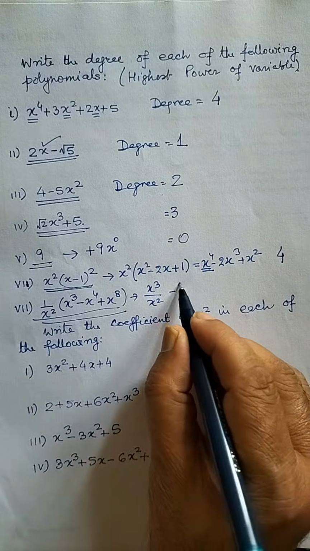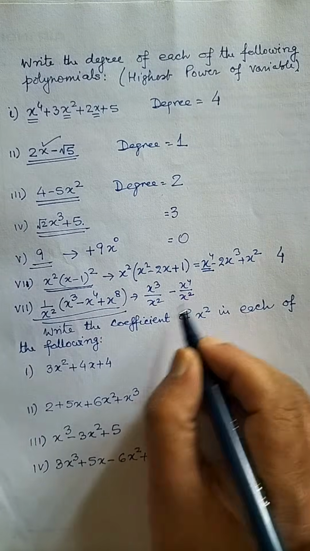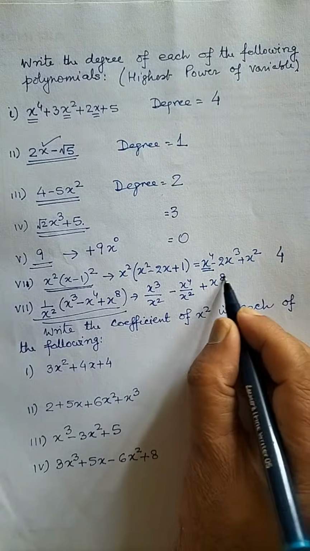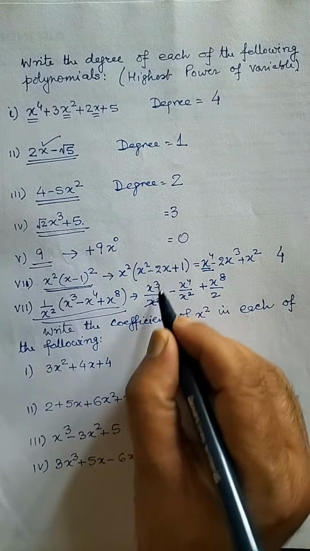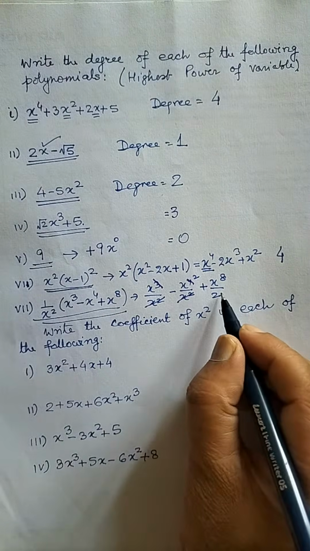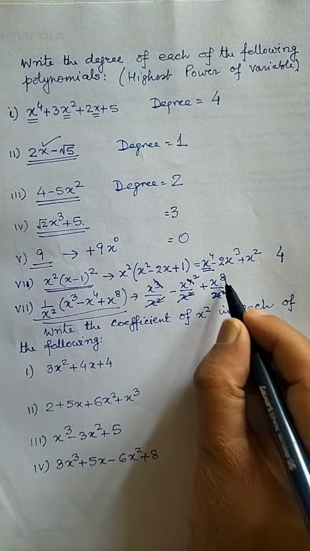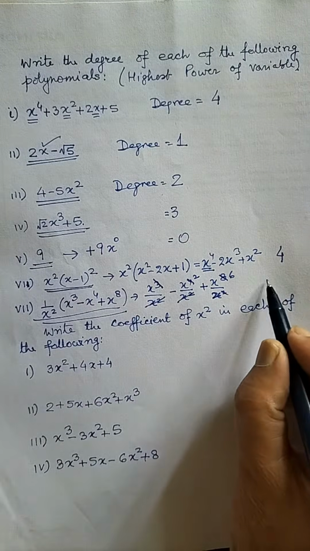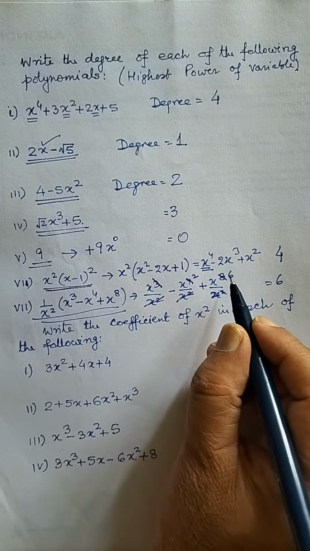This is x to the power of 4 divided by x square plus x to the power of 8 divided by x square. Here this cube will cancel. This will cancel. You will get x to the power of 2 here, and here this is x square, and you will get x to the power of 6 here, right? So what is the degree in this case? In this case, the degree is going to be 6, because the highest power of x is 6 in this case.